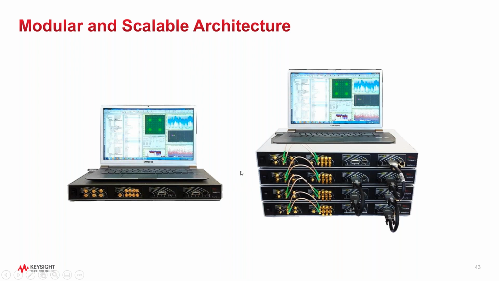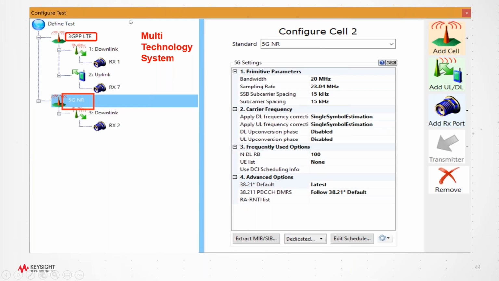But then we also grow. So it's scalable. So you can have one being a 4G unit, one being a 5G unit. And so modular, scalable, versatile. But versatile also, it is multi-technology. So while it's doing 4G, it can do 5G both at the same time.